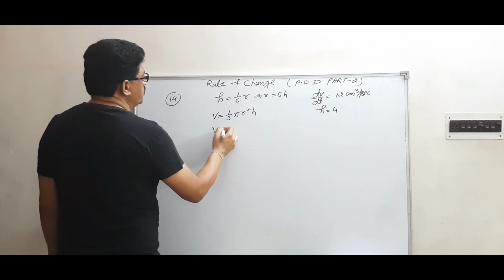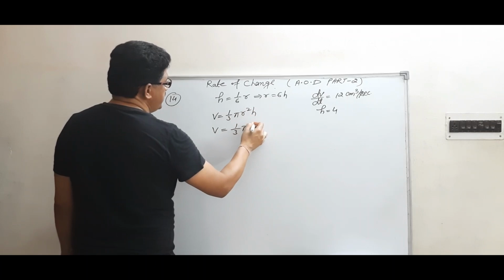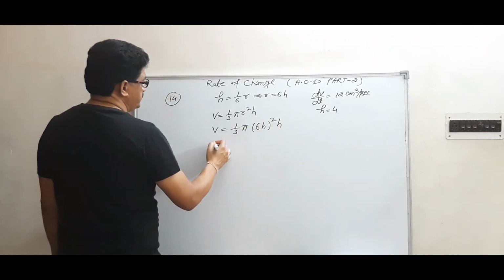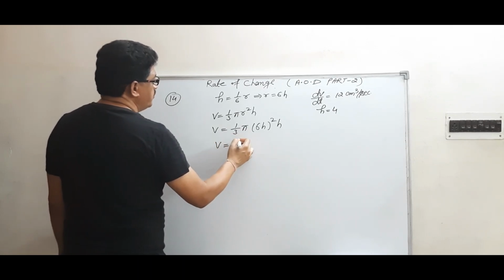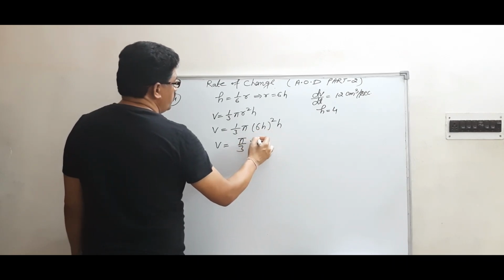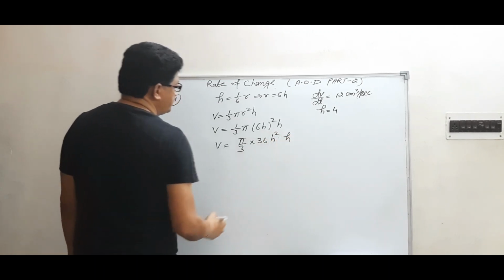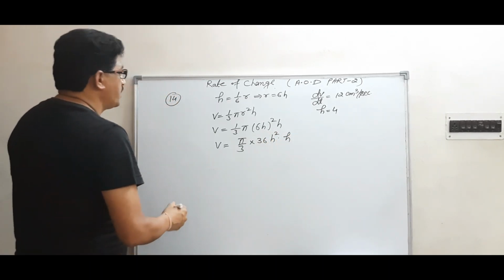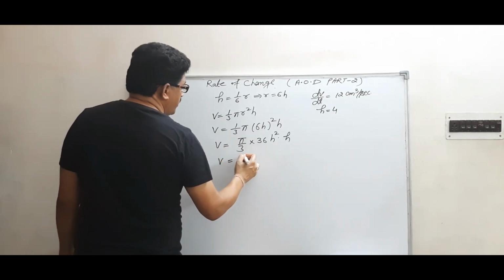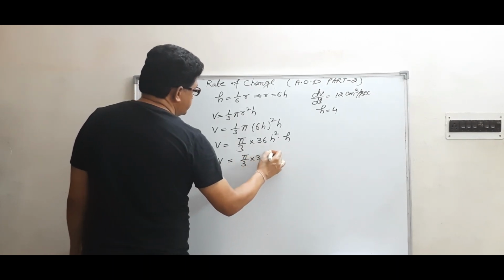Volume is equals to 1 upon 3 pi, value of r is 6h, whole square into h. Volume is equals to pi upon 3 into 36 h square into h, or volume is equals to pi upon 3 into 36 h cube.